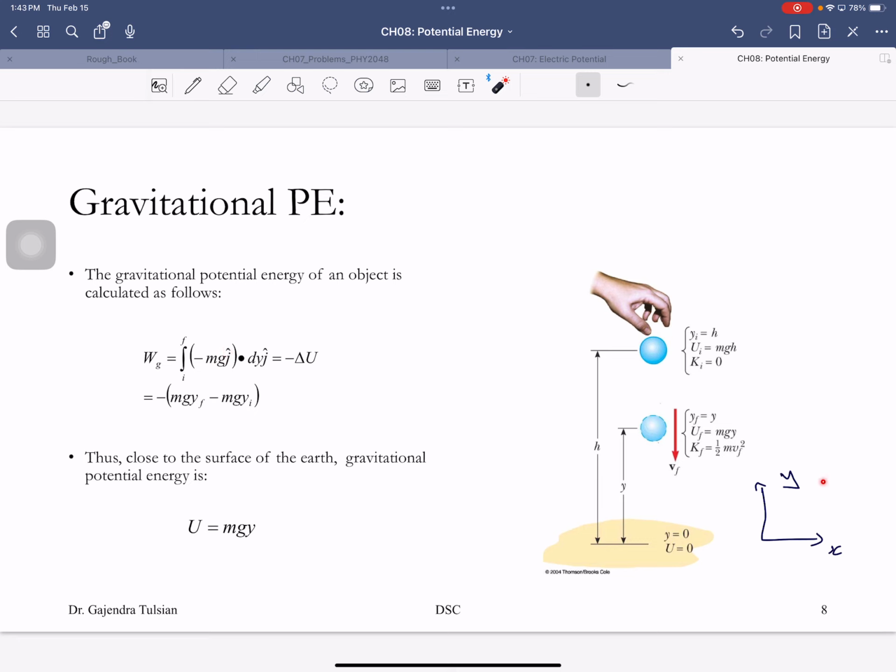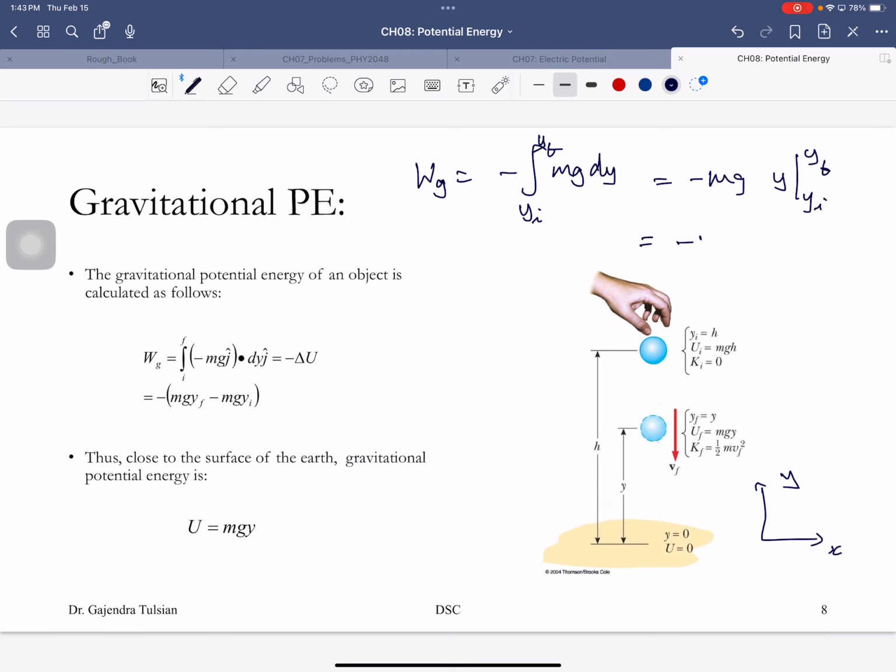J is a unit vector in this direction, and there is the small displacement along the y-axis. Okay. J dot j is 1. Okay. So the work done by gravity, and we are just doing it for an up and down motion here, is the integral of dy, y initial to y final, minus mg, y initial to y final.